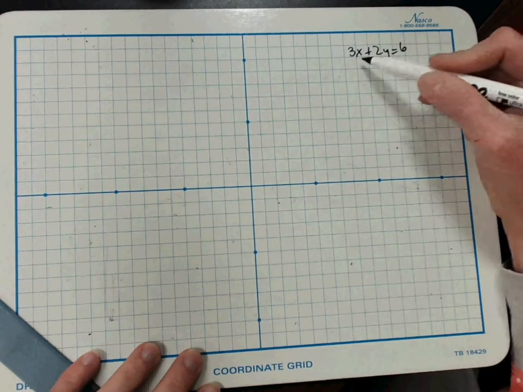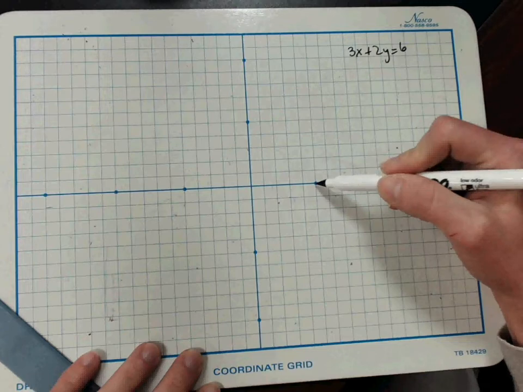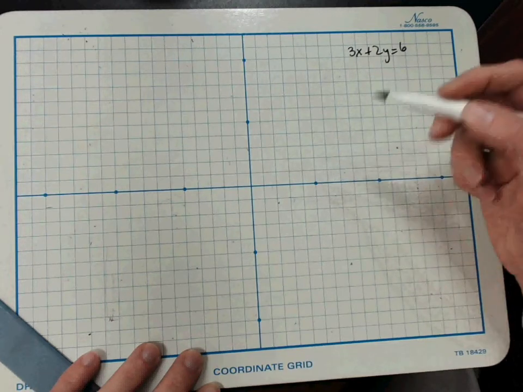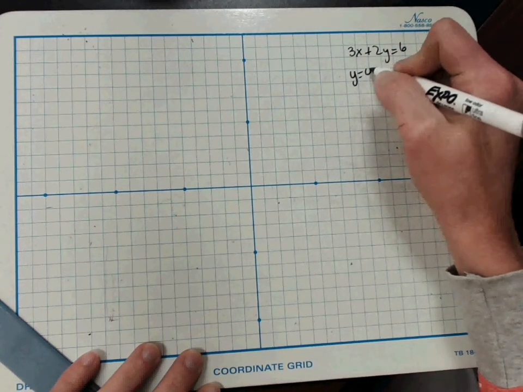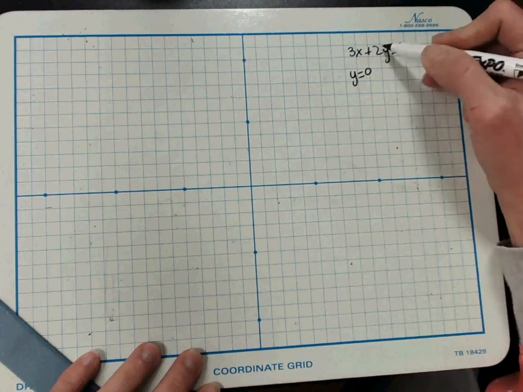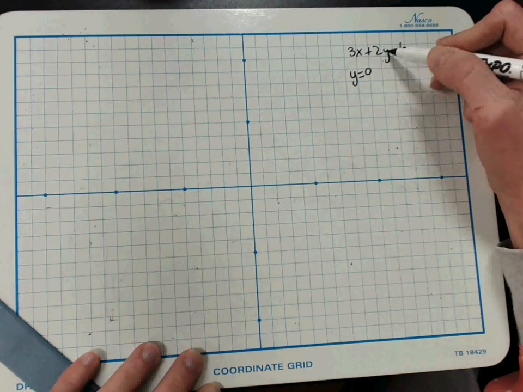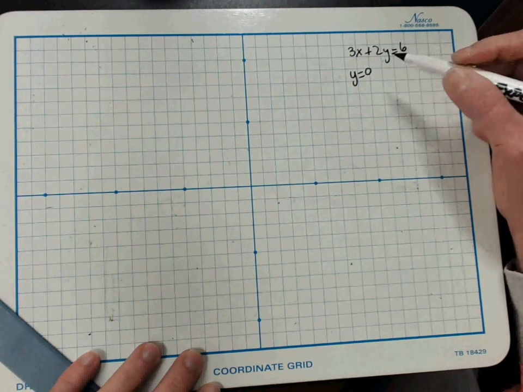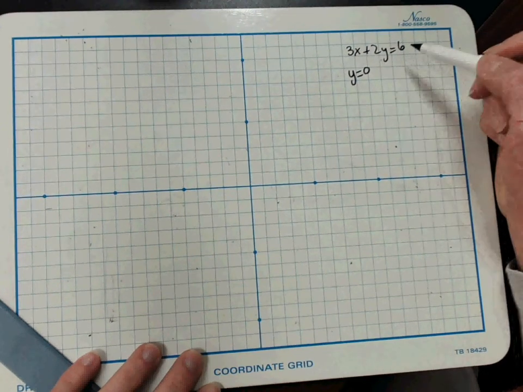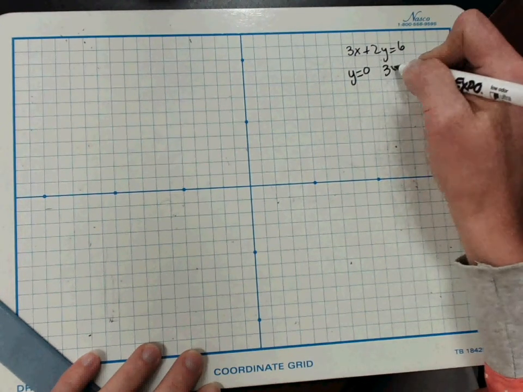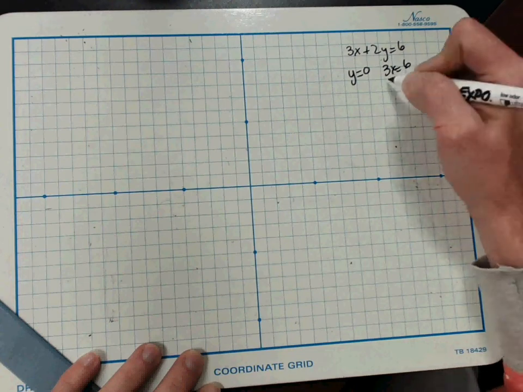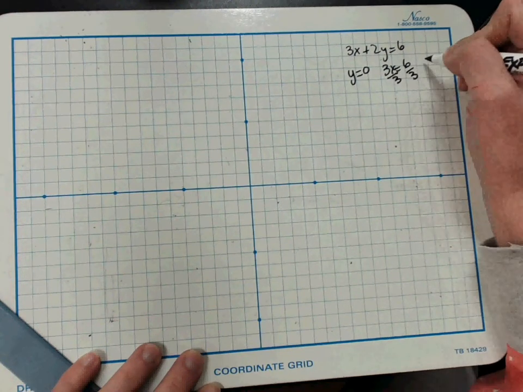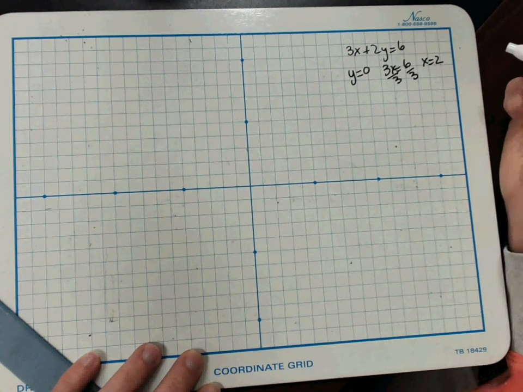So my x-intercept, as we saw here, was where my y was equal to 0. So if I plug 0 in for y, this piece is going to go away because 2 times 0 is just 0. So now I have 3x equals 6. If I solve for x, I'm just going to divide both sides by 3. X is equal to 2.